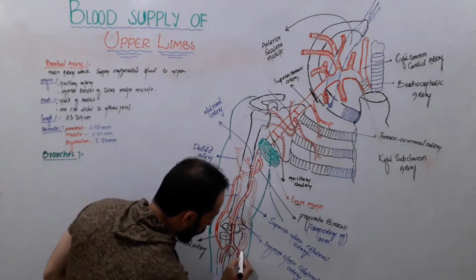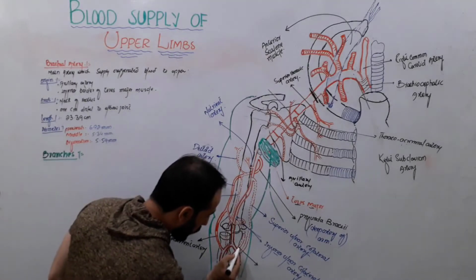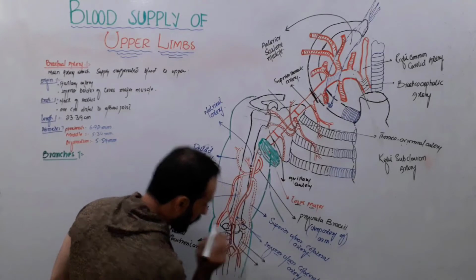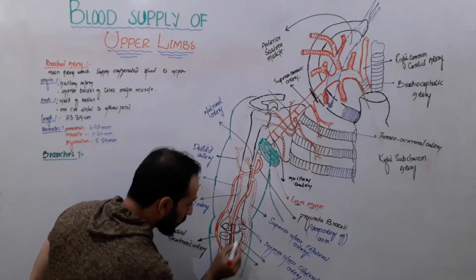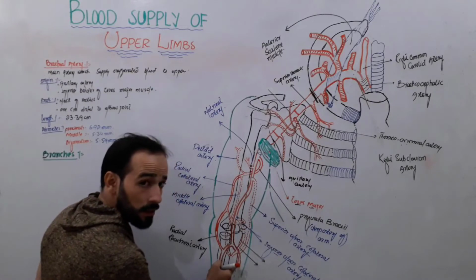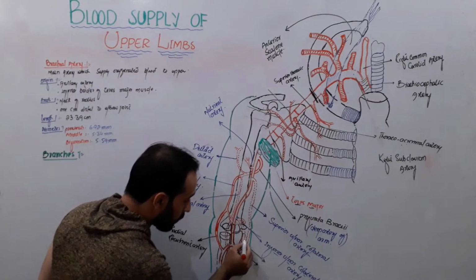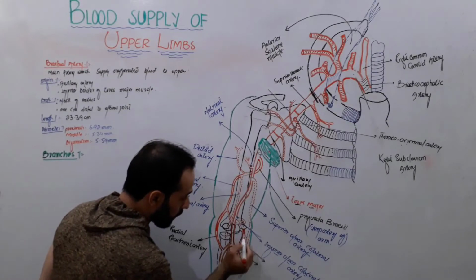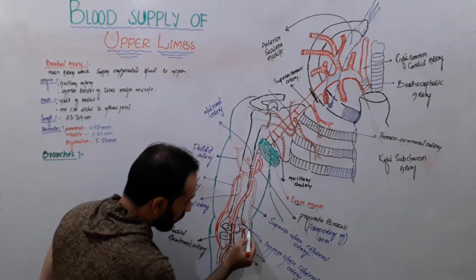Now let's come here. Here are two other recurrent arteries, right? Here is one and here is another. You can see these recurrent arteries are separated from what? From the ulnar artery, right? So they go up like this and make anastomosis here, one with the inferior collateral artery and the other with the superior collateral artery.